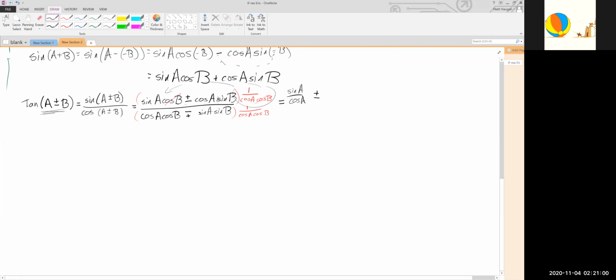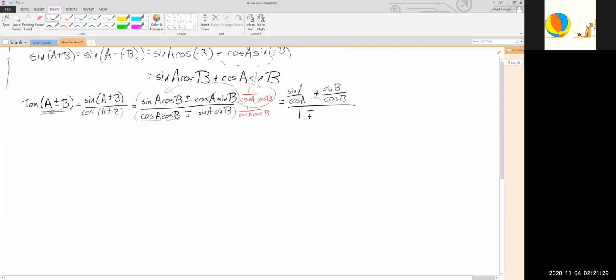In this term, the cosines of A cancel, and we're just left with the sine of B over the cosine of B. Well, again, you know what that's going to turn into. All over, in the denominator, cosine A cosine B multiplied by 1 over cosine A cosine B. Everything cancels, left with a 1.